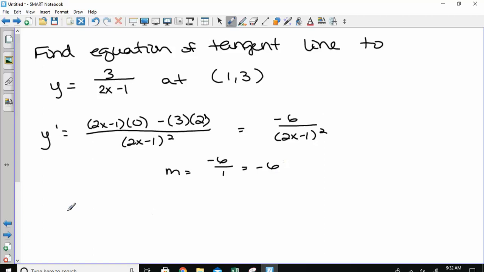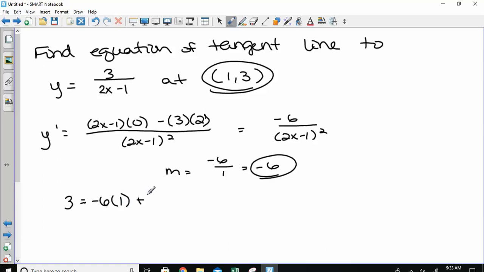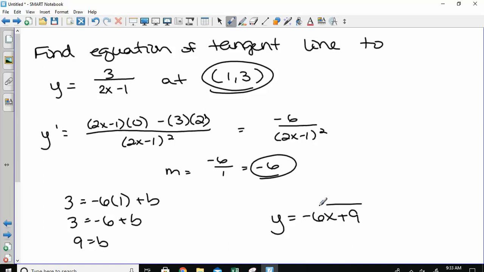So 2 minus 1 is 1, squared is 1, so the slope is negative 6. So now we can plug into y equals mx plus b. So y is 3 equals m times x plus b. So our b is 9. So our equation is y equals negative 6x plus 9.